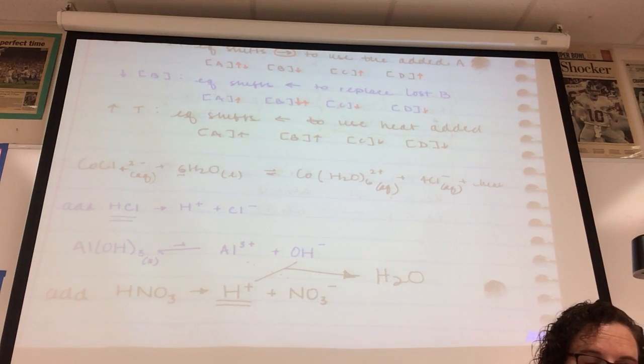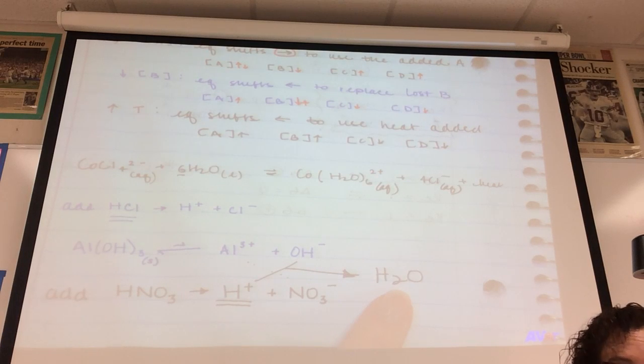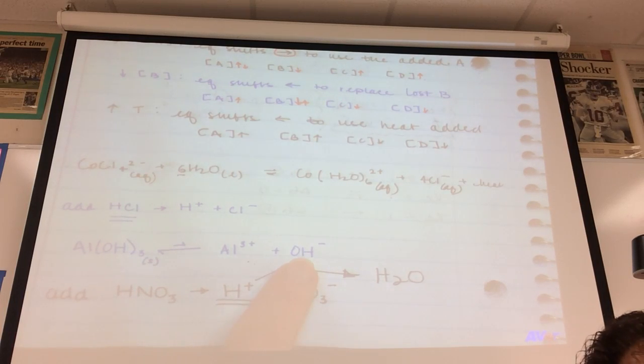All right. So you form water. And so by adding nitric acid, what do you effectively do to this concentration? Why do you decrease the concentration of hydroxide ion when you add proton? Because you're adding the water. You're not adding water, but adding a proton which creates water.